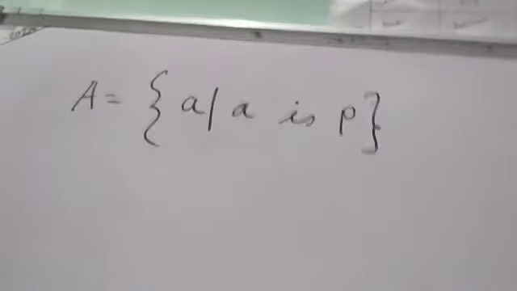Now how is it read? Suppose A is a set, and it is written like, suppose small a, such that a is P, such that a is P.